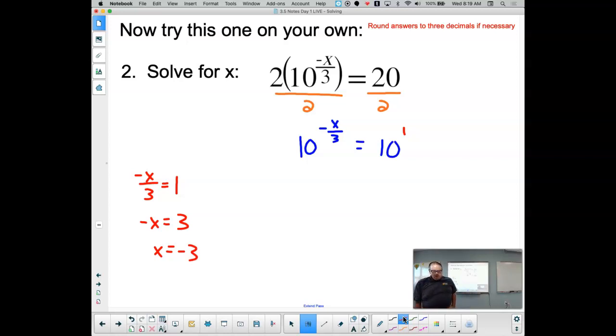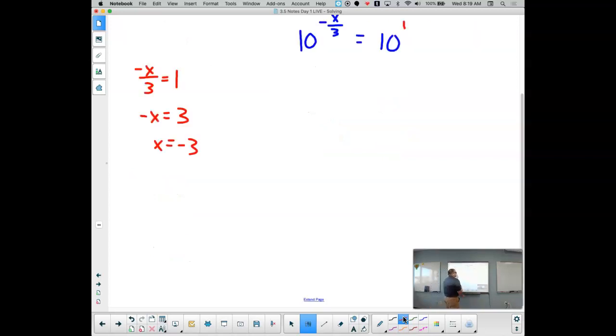Okay? And that's the answer. The answer is negative 3. Okay? If I didn't see that, I could switch it into logarithmic form. Log with base 10 of 10 is going to equal negative x over 3.